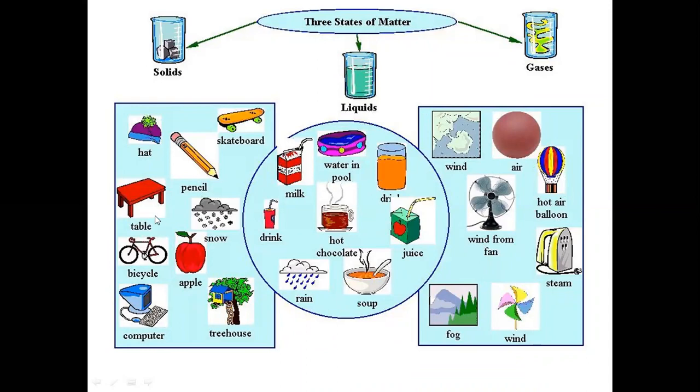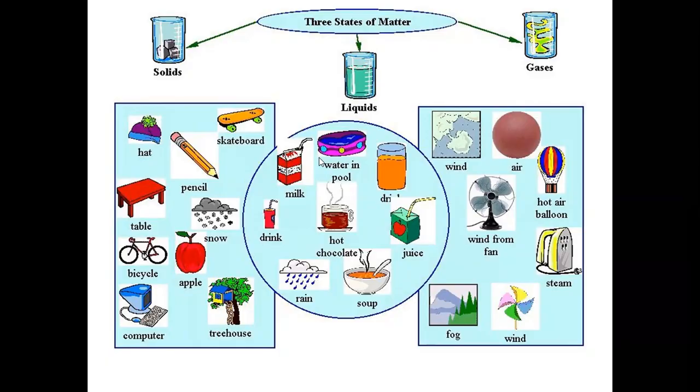Under solids, we can have table, snow, apple. All these things are solid in nature. Under liquid, we can have hot chocolate, rain, milk, drink, juices. In gases, we have wind, air, steam. All these are the categorization of gases. So these are the three states of matter.